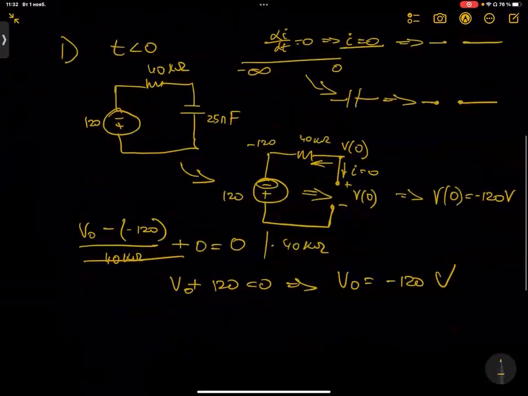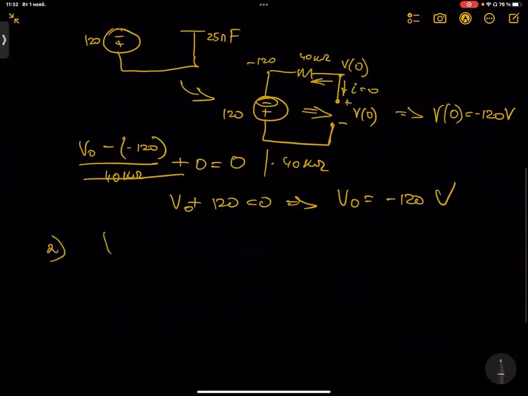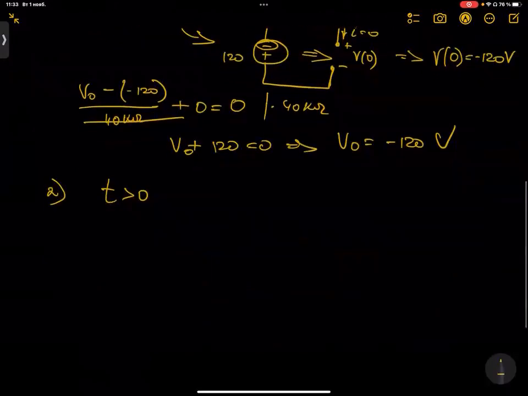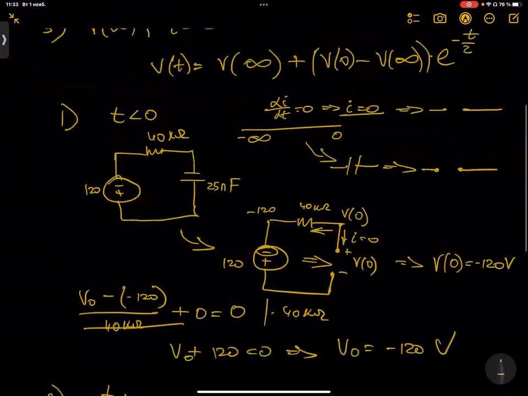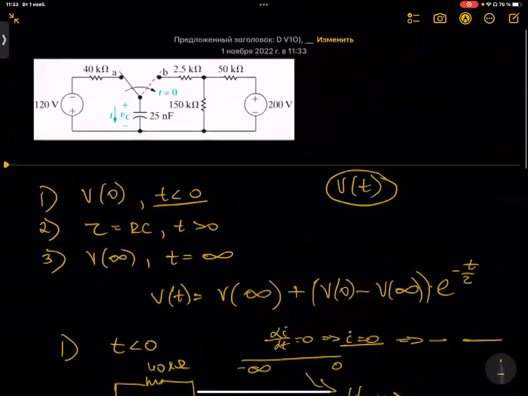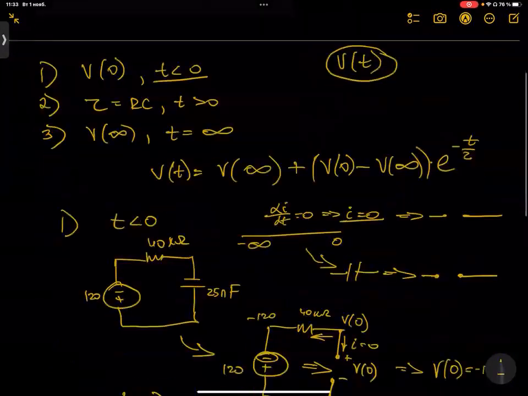Okay, so let's consider the second case, t bigger than 0. In this part, we redraw the picture. So this capacitor.